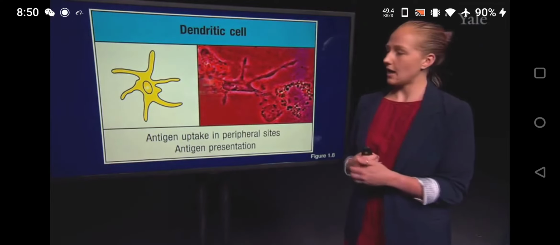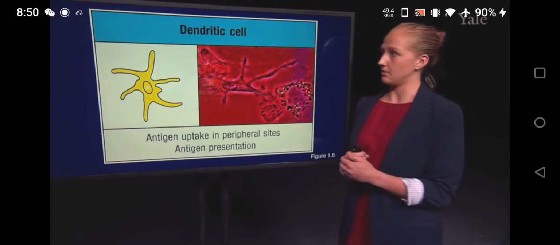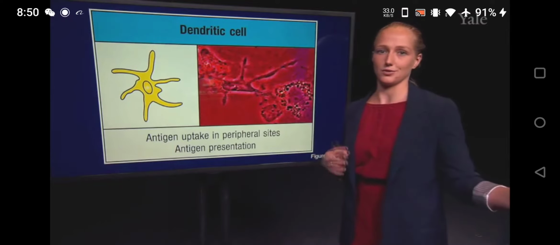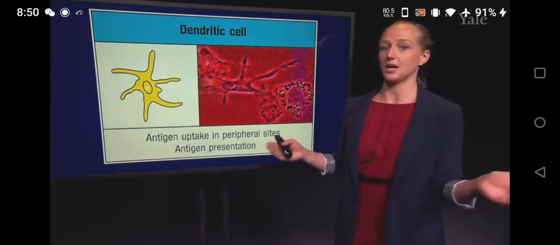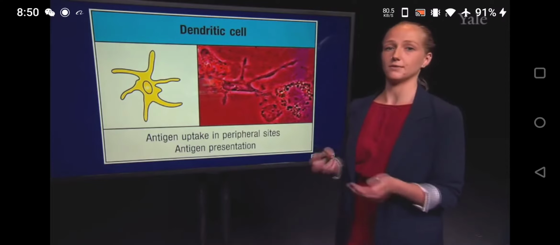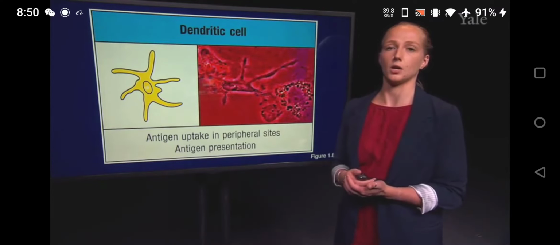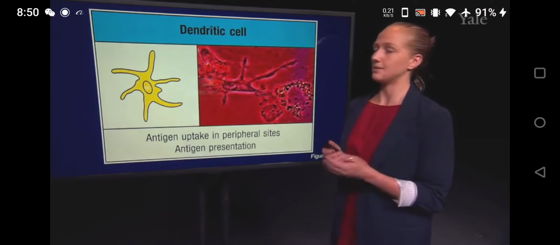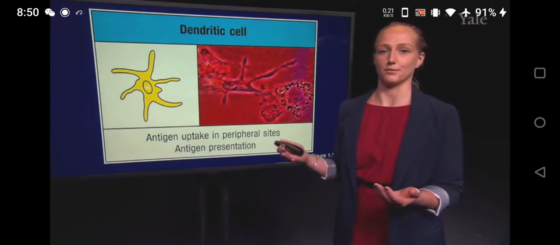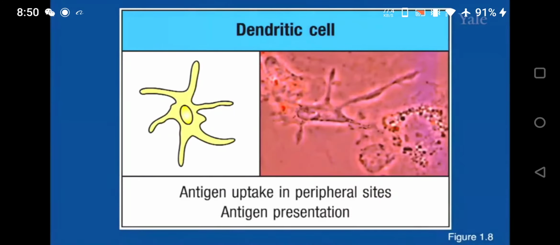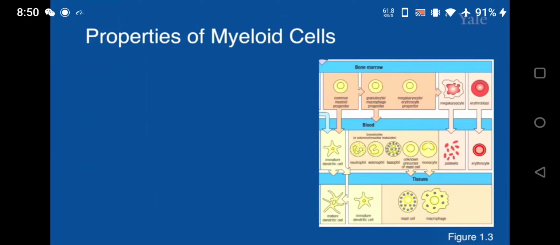Now, at these peripheral sites, the dendritic cells will use their dendrites to sense the environment as well as take up various particles from their environment. They're also very, very critical in antigen presentation and are usually thought to be the bridge between innate and adaptive immunity.